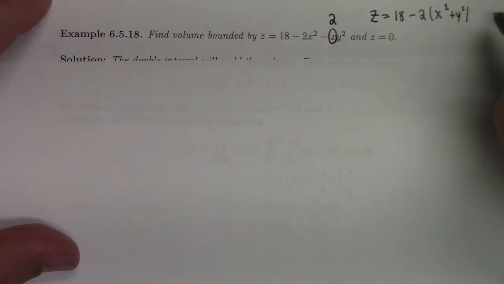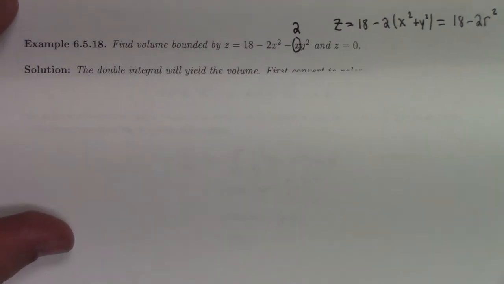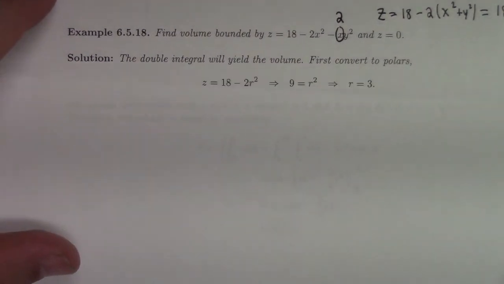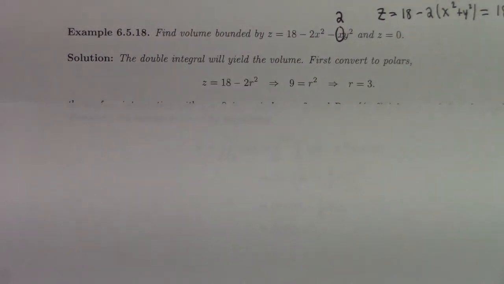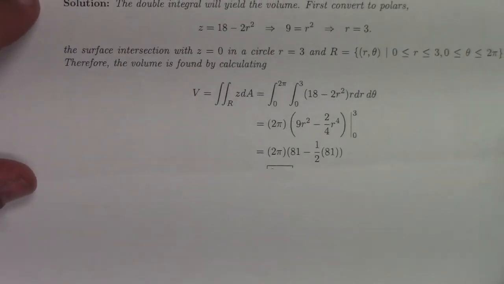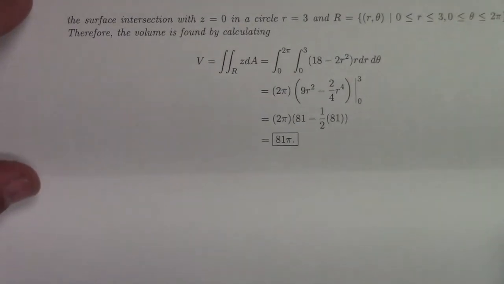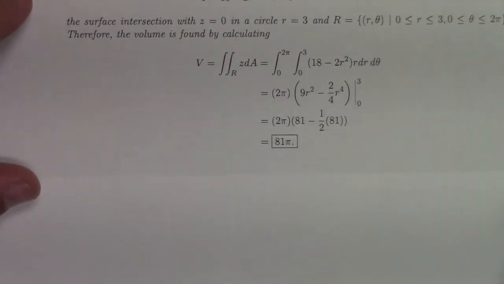So in polar coordinates, you've got 18 minus 2r squared. Now that looks like something that would be natural to make a polar coordinate change. So the double integral will yield the volume, right? So we're going to integrate z dA to get the volume. I guess I'm assuming here that z is positive in the region of interest.